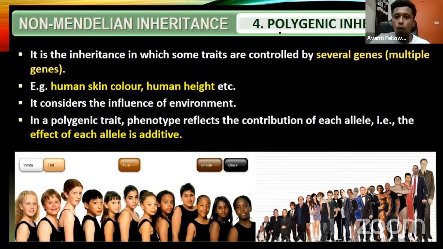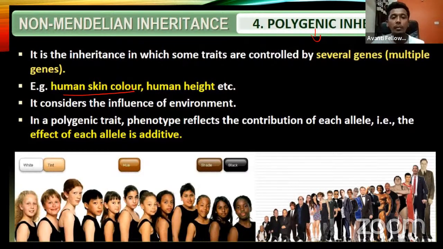Fine. Our fourth example for non-Mendelian inheritance is polygenic inheritance. This is a very brilliant example. One of the examples is human skin color, which is very noticeable in our day-to-day life. Human skin color is not at all in our control.